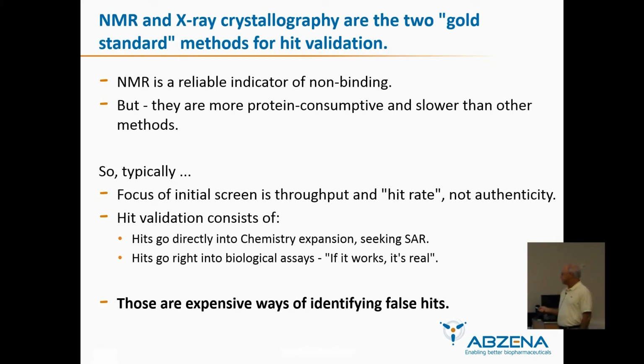And the chemists are saying, well, if I start modifying my scaffold and I see some SAR, then that's all I need. I really don't need biophysical assurance. But of course, once you've started a chemistry program or a biology program, it's very resource intensive. So these are very expensive ways of identifying the false positives, and you can waste a lot of time. You would have been better off waiting a little bit for the biophysical characterization.